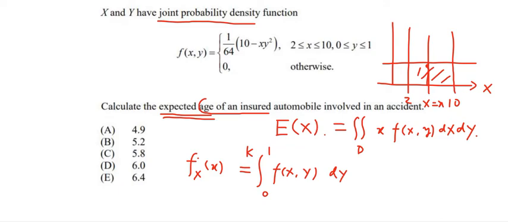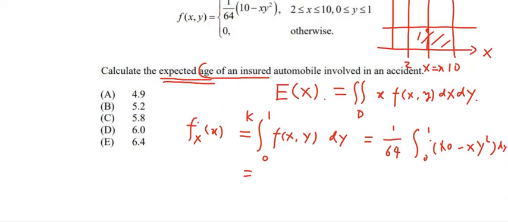So it equals k times the integral from 0 to 1 of (10 minus xy squared) dy. We forget the constant for now.